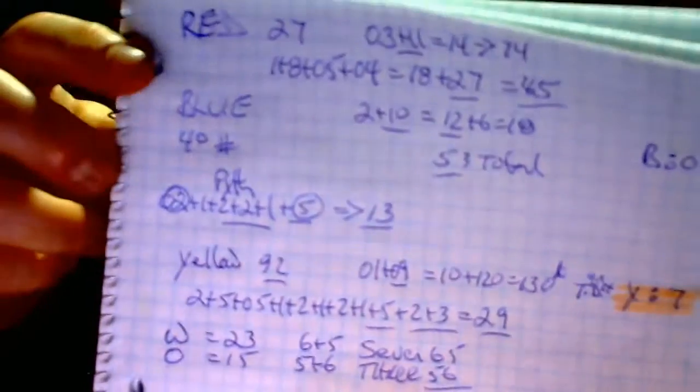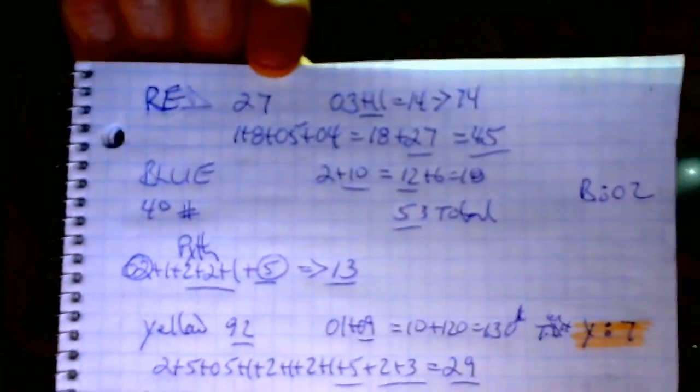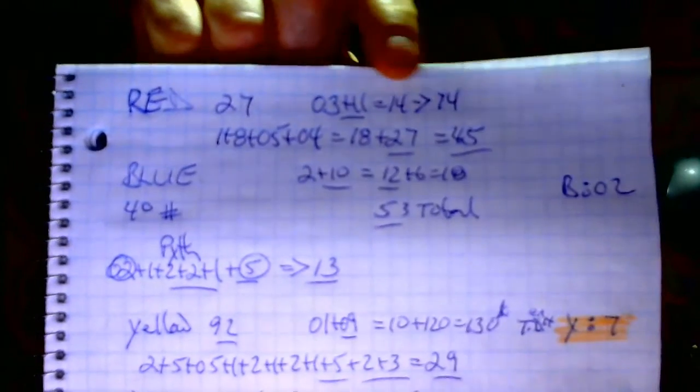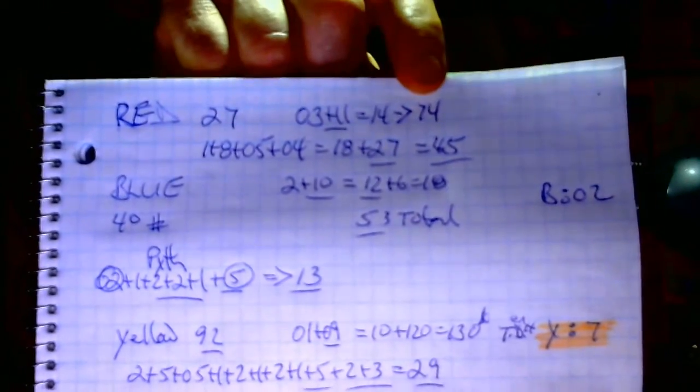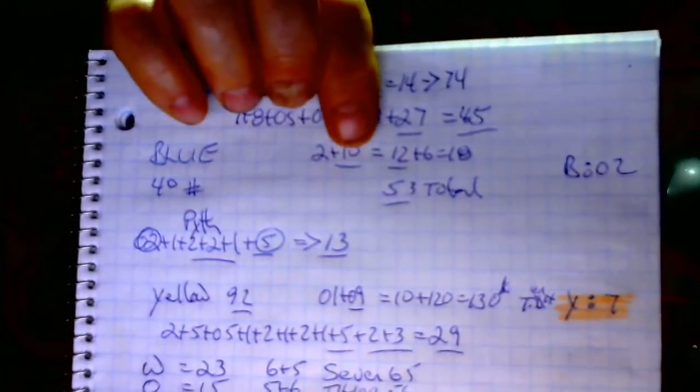The next thing I wanted to bring up would be Pythagorean and colors. Red is 27. It's also the 3 and the 11 in the game of pool, which equals a total of 14 DNA or 74 Jesus. Blue equals 40. It's also the 2 and 10, which is 12.